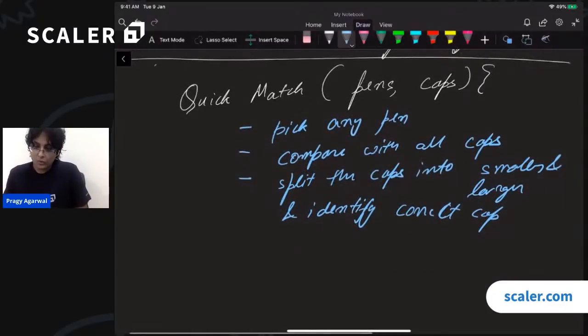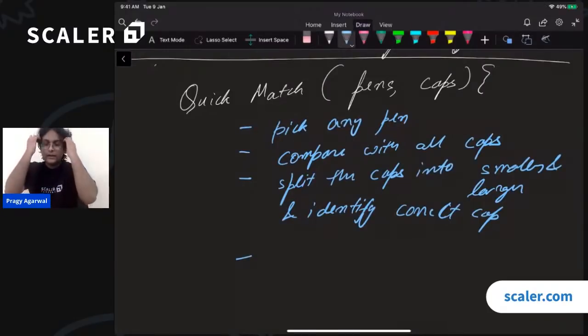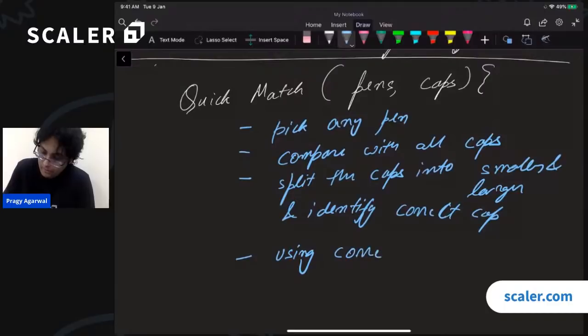Now, what do we do? Can someone tell me quickly, what should we do now? We have not done it yet. We have to split the pens as well. So now that we have the correct cap, using the correct cap, split the pens as well.